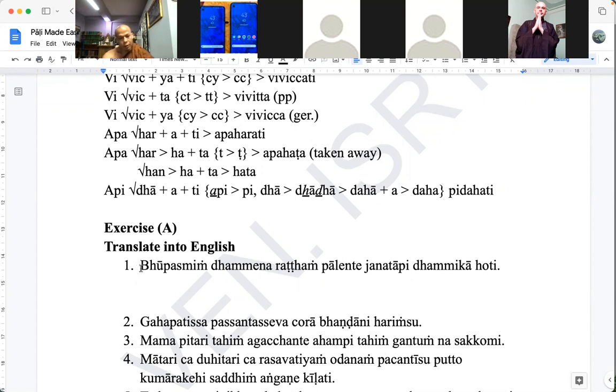So here, Bhuba Same Dhammena Rattam Balindi. So Janata Bi Dhammika Hoti. So you see, Bhuba Same, that one is also the locative case. And also here, Balint, that is the present participle of Balidi, Balint, with the ending.